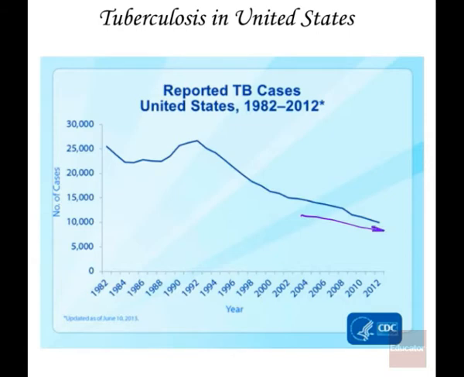So tuberculosis in the United States, on the other hand, you can see is gradually going downward. And we had this critical time period in the late 80s and early 90s where we saw an increased incidence in TB. And really a large reason for that was because of the co-occurrence of HIV during that time. And as we said before, having HIV increases susceptibility to tuberculosis due to the impact on the immune system.